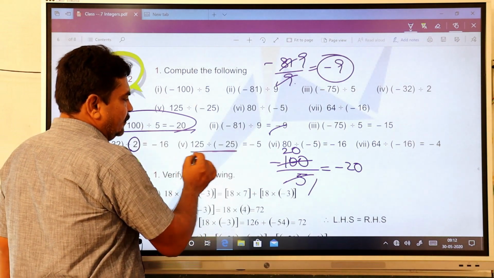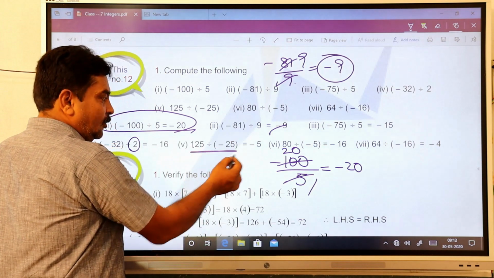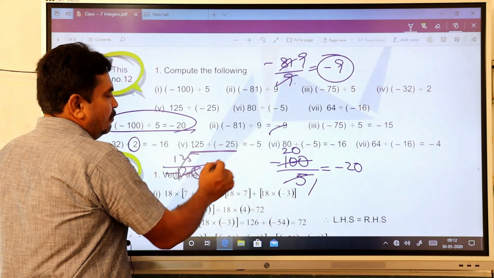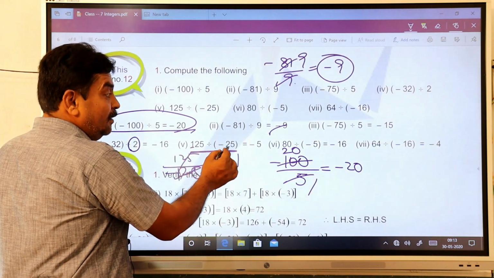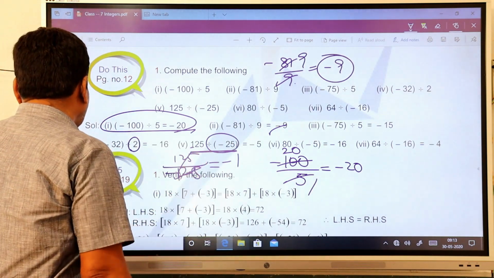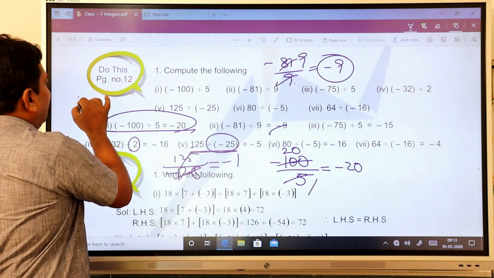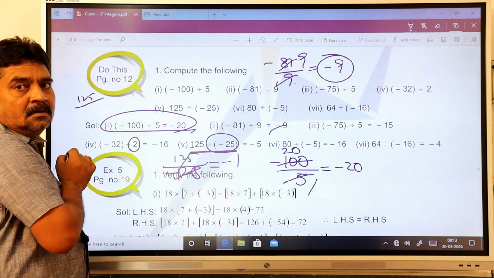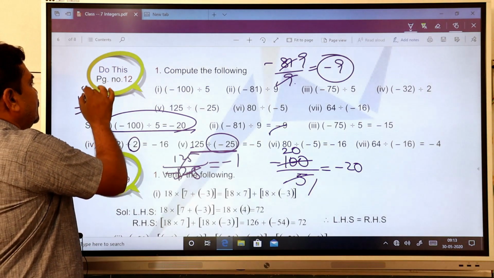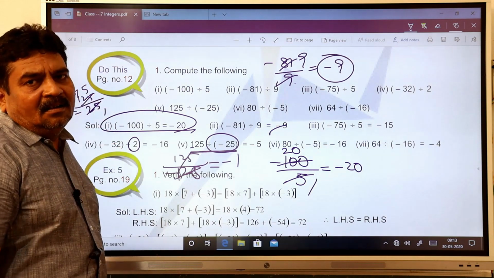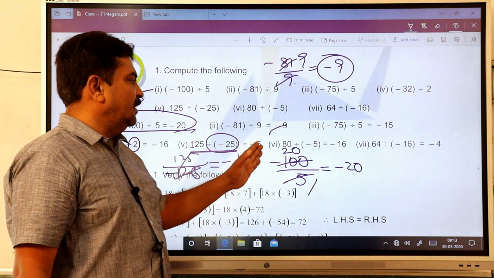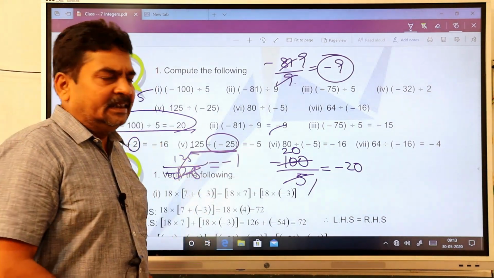Suppose you take 125 divided by minus 25. 25 ones are 25, 25 fives are 125. So this minus carries to the answer also, so you should write it as minus 5. This is what is given here. In this way you have to do this exercise.